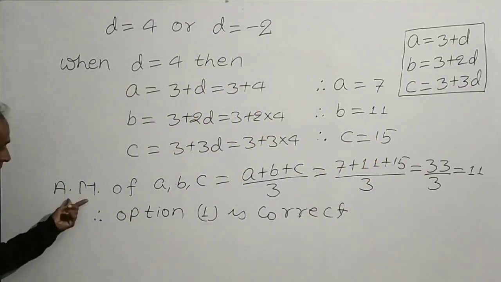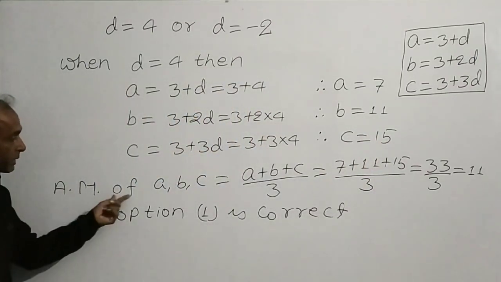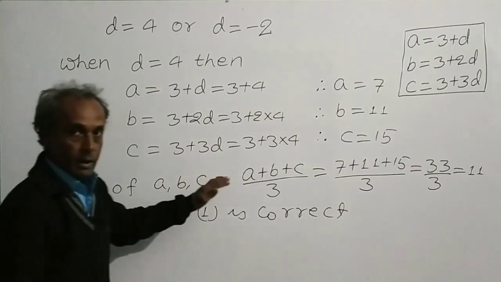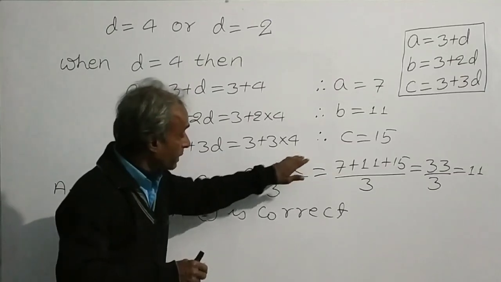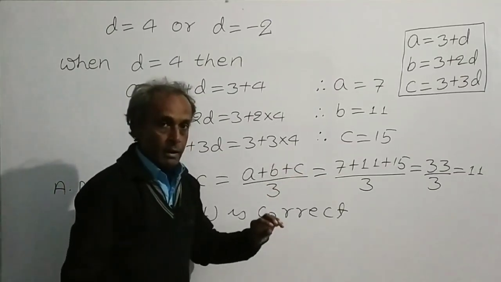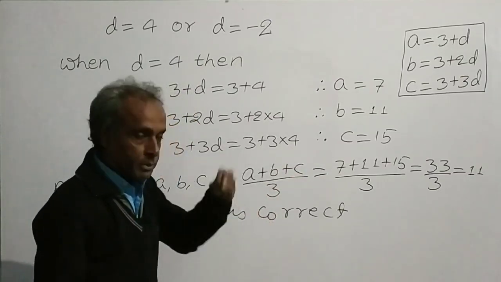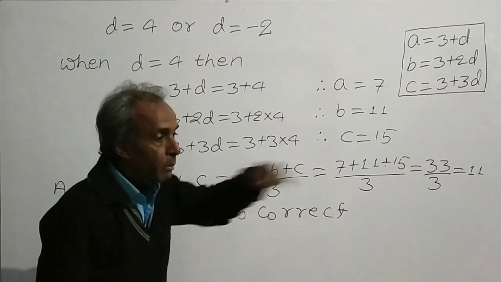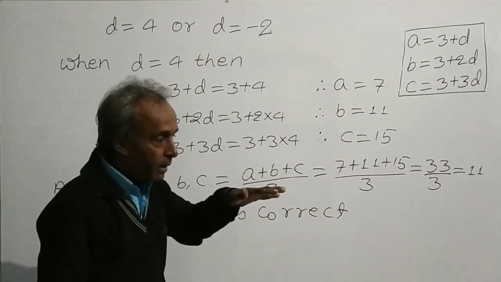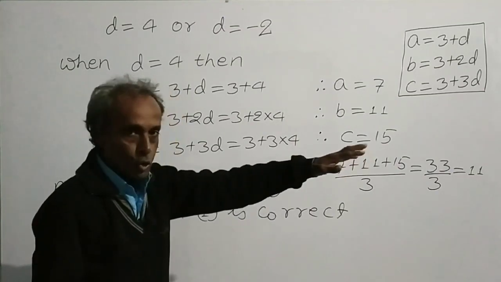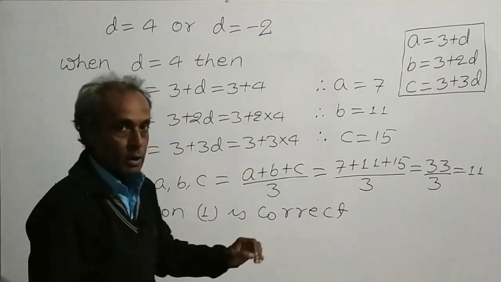Now, the arithmetic mean of 3 numbers A, B, C will be equal to A plus B plus C by 3. The arithmetic mean of 3 numbers is equal to the sum of the 3 numbers by 3. The arithmetic mean of 4 numbers is equal to the sum of those 4 numbers by 4.